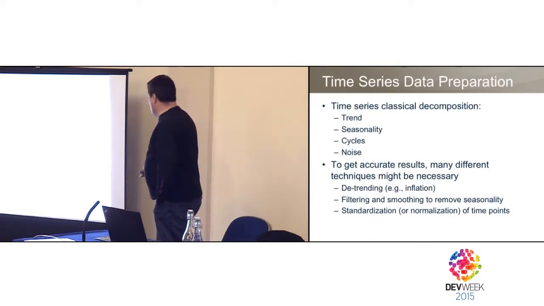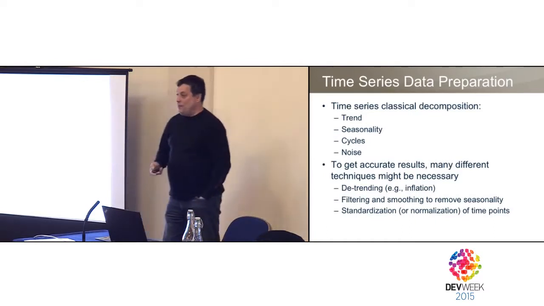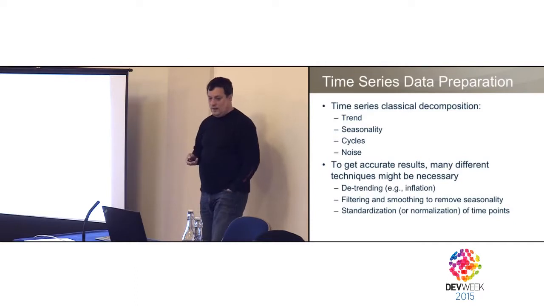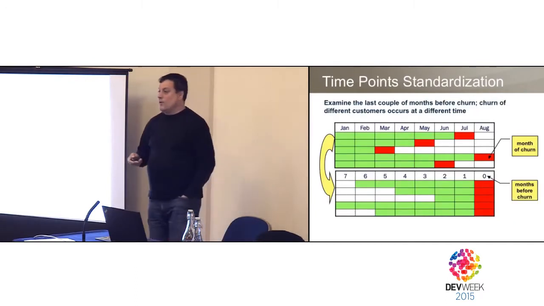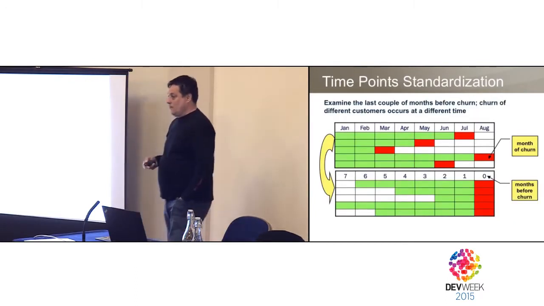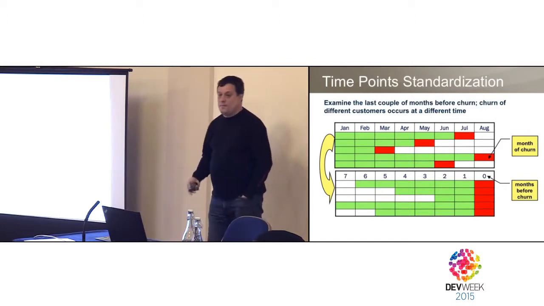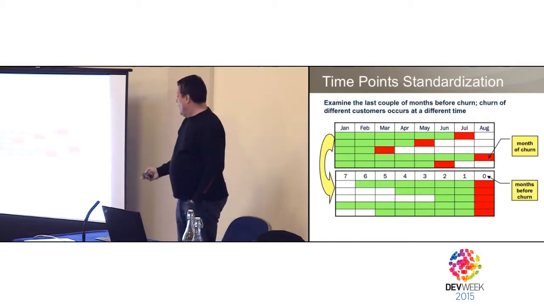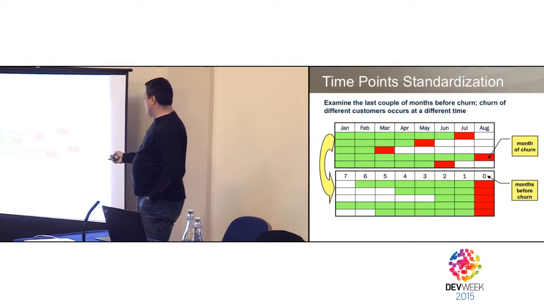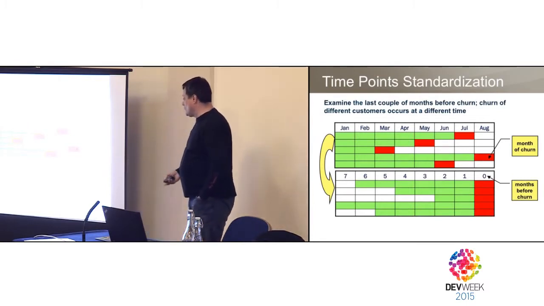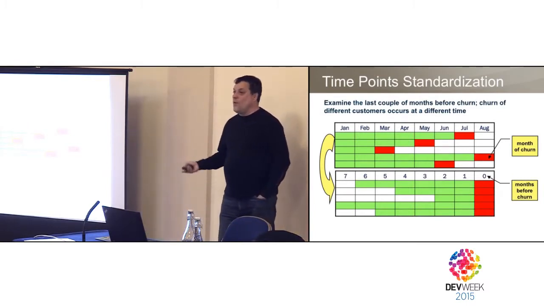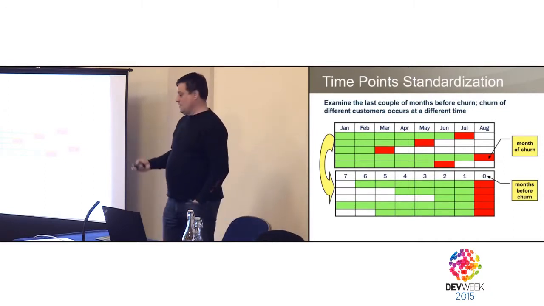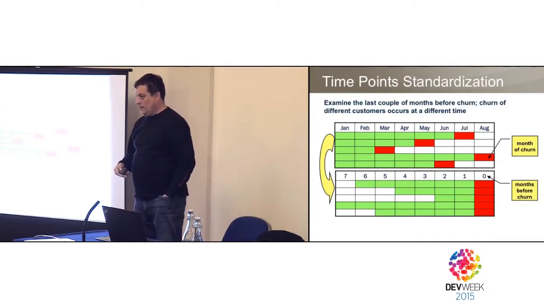And sometimes you need to standardize time points. What does it mean? Imagine that you are doing churn detection. You are selling services, so some people are leaving you. Somebody left in July, another one in May, somebody in March. So it's kind of hard to compare this data to find the reason why these people left.